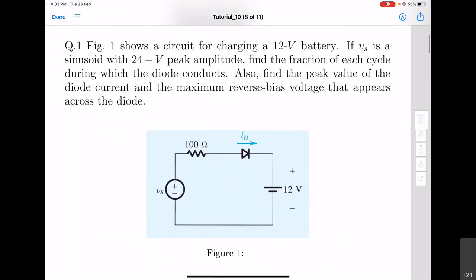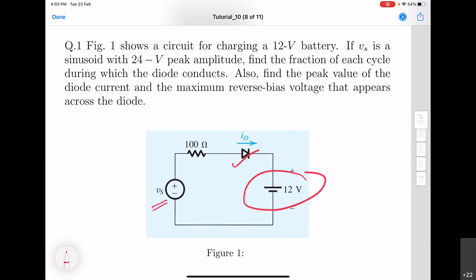So the first problem that we will take up is this circuit. Here we can see that we have a diode, and this is being used to charge this 12-volt battery.